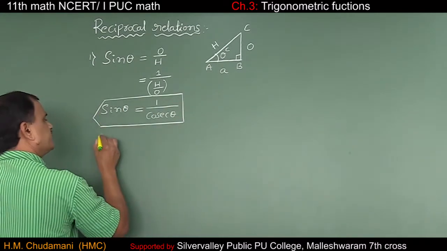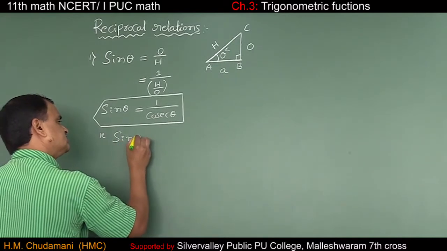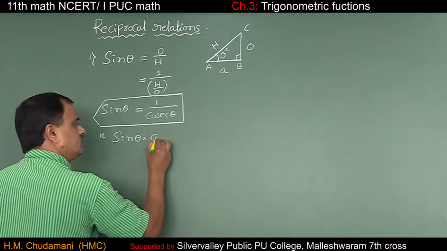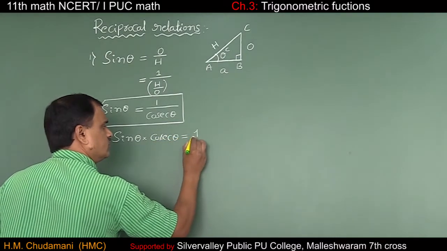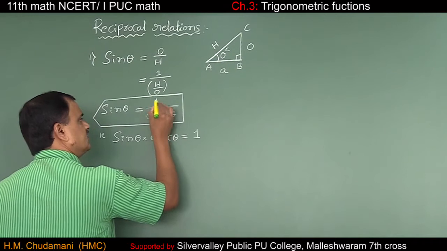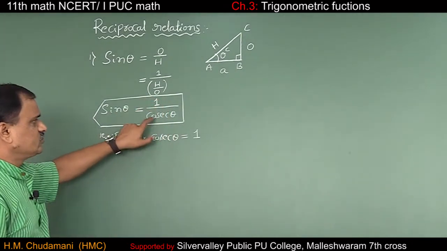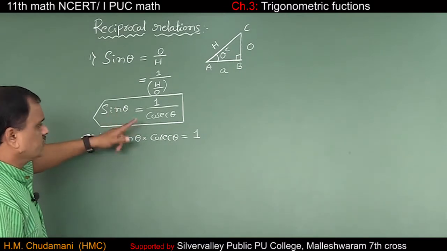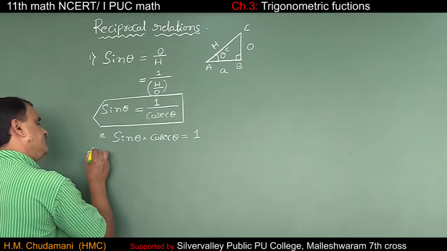That is the same as sin theta into cosecant theta is equal to 1. Sin theta is 1 by cosecant theta. That's how sin and cosecant are reciprocally related.